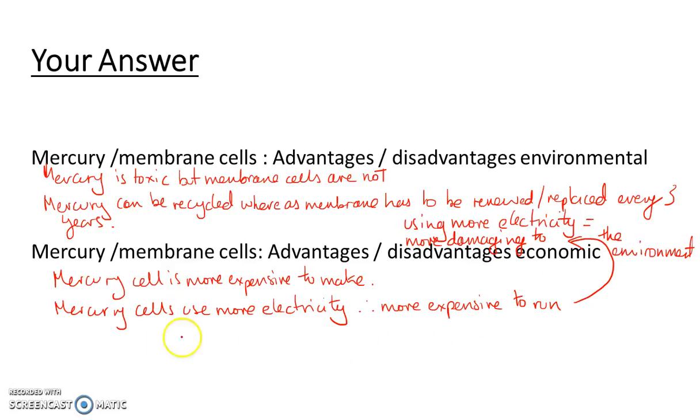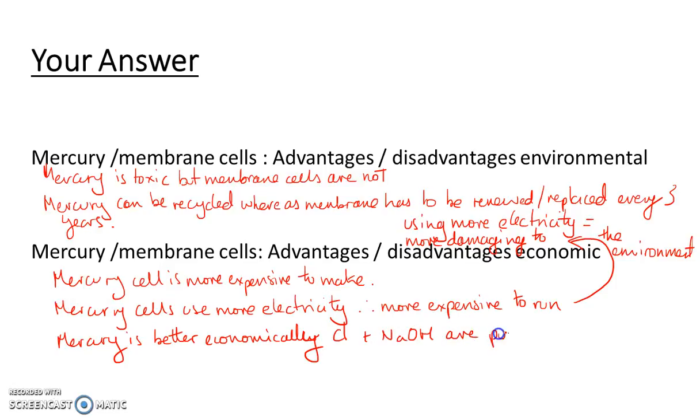We're already at 5 marks, I reckon, if not 6. And we've still got some easy points to make here, because at the bottom we're talking about the purity of the chlorine and the purity or concentration of the sodium. So we can say that the mercury cell is better economically, or words to that effect, simply because the chlorine and the sodium hydroxide are purer.